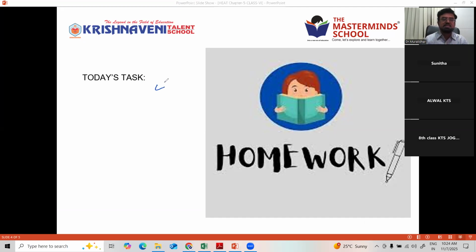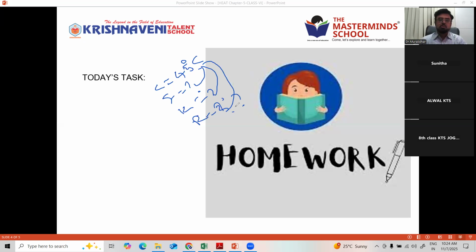suppose C is given as 45 degrees Celsius. What is the value of F is equal to how much? K is equal to how much? And R is equal to how much? Means 45 degrees Celsius convert into first Fahrenheit, then Kelvin, then Reaumur. Okay? Clear?